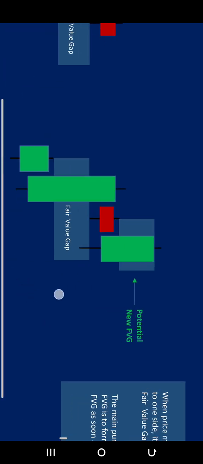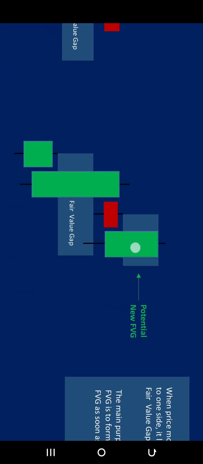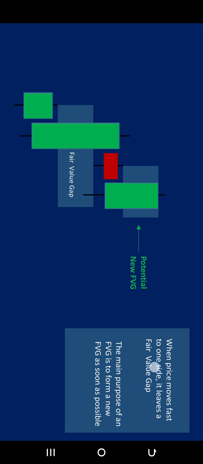Now what would have happened was that, look at this, this is the candle that was rejected. So we expect that when a fair value gap rejects price, this fair value gap will create a new fair value gap. Now when price moves fast to one side, can you see, as price keeps on moving fast to one side, it leaves a fair value gap behind.